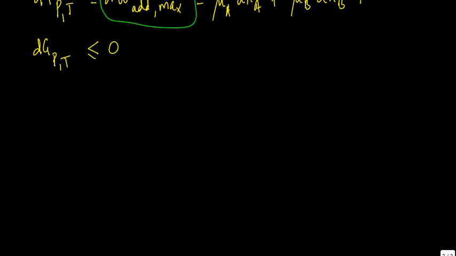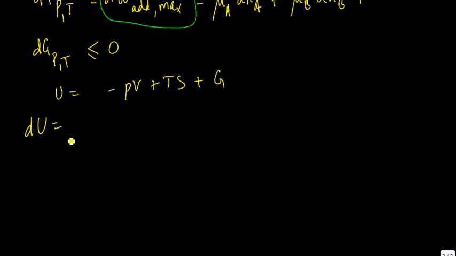So U is nothing but G is equal to U plus PV minus TS, right? So U is equal to G minus PV plus TS. So dU would be equal to then, let me write G on the other side just for convenience, so that I have all the mu dN at the end.